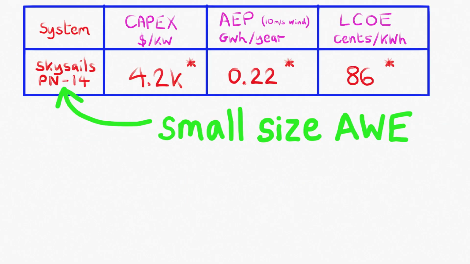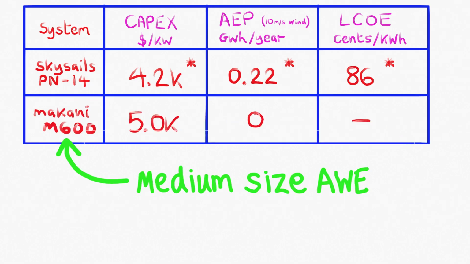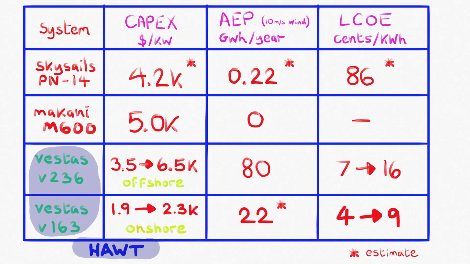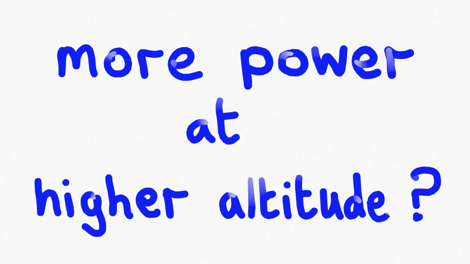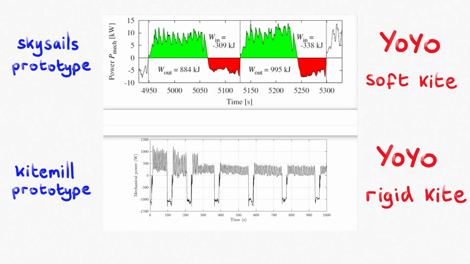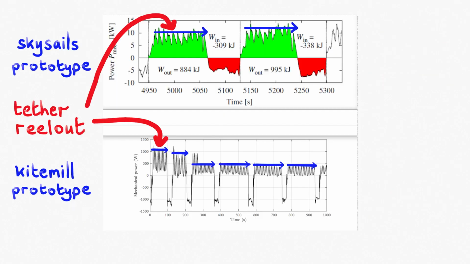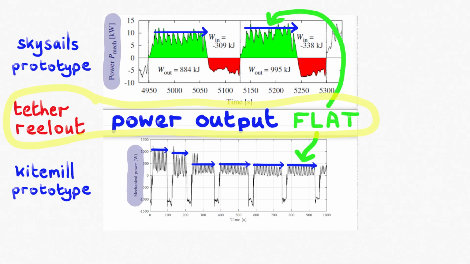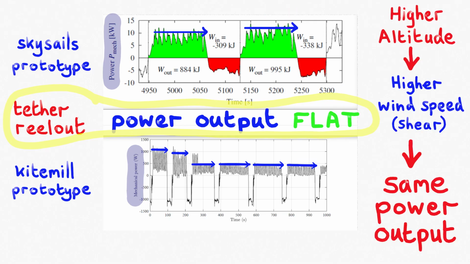A comparison of the electricity generation costs for an airborne wind energy system and a conventional wind turbine system. The higher wind speeds are negated by more drag from the longer tether, and power output remains the same.